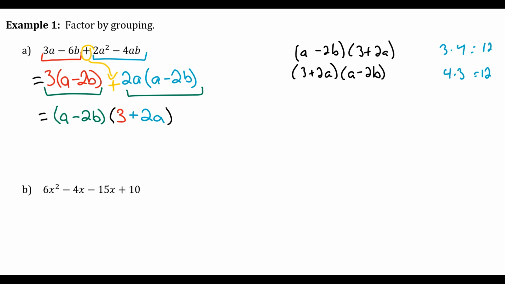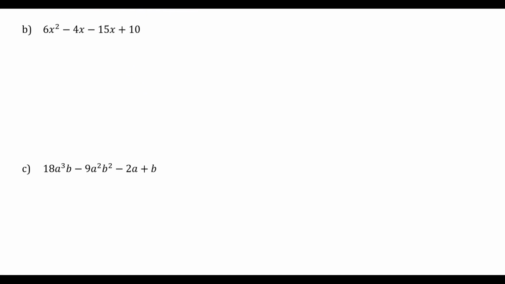Okay, let's look at another example. Let's look at this one. We have 6x squared minus 4x minus 15x plus 10. I'm going to first look and see if there is a greatest common factor that I can factor out of all four of them. Well, looking at my numbers, no, because this one's a 15, so I can't factor anything out of all four of them.